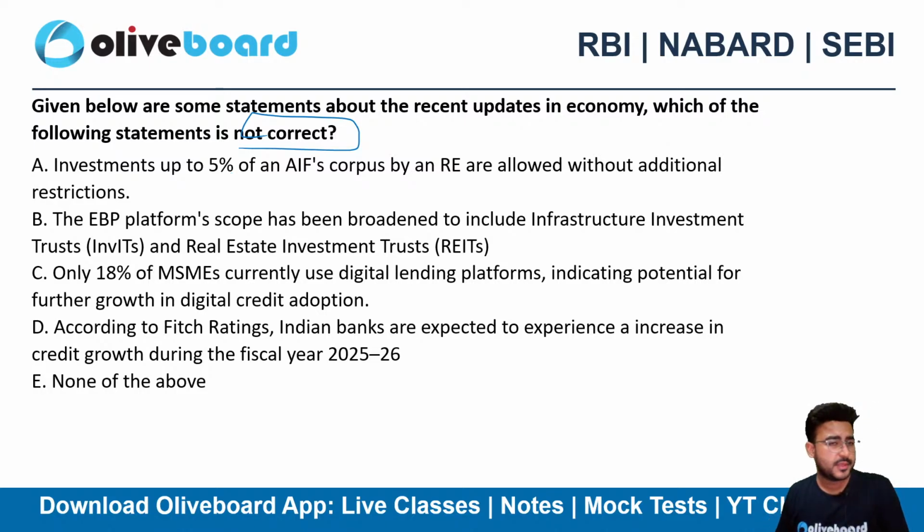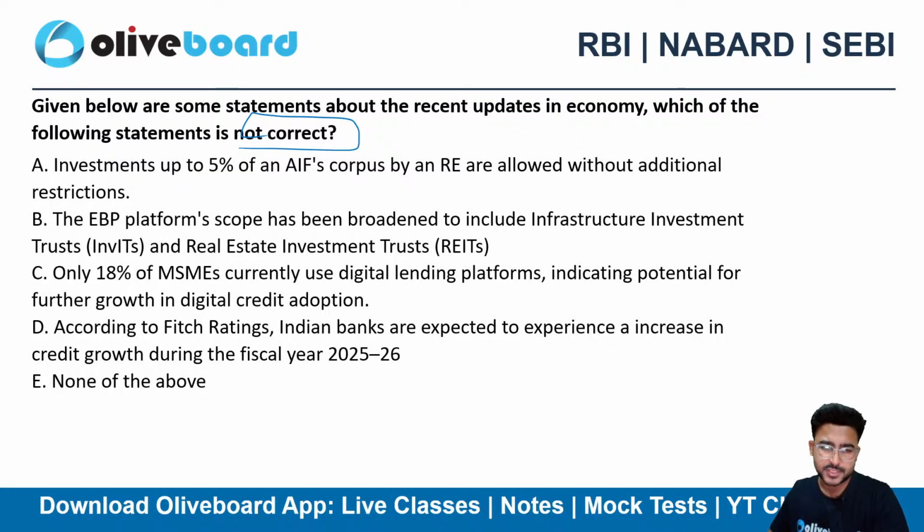First statement: investment up to 5% of an AIF corpus by a regulated entity are allowed without any additional restriction. Option B: EBP platform scope has been broadened to include the infrastructure instrument investment trust and REITs as well. Option C: only 18% of the MSMEs are currently using the digital lending platform, indicating potential for further growth in digital credit adoption.